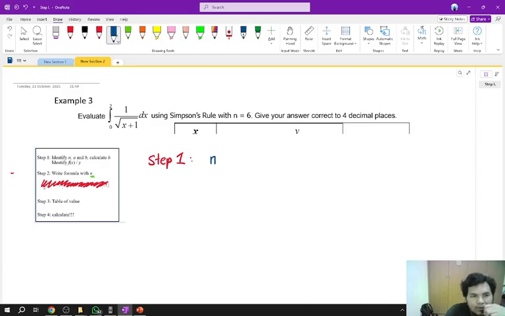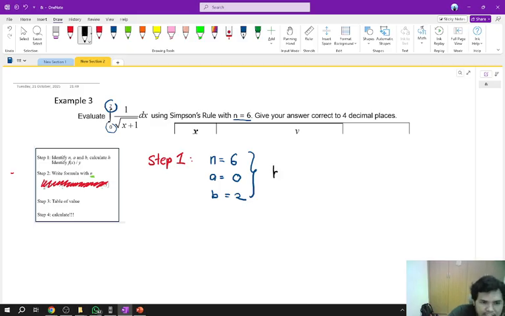So n is our interval, which is 6 in this integration. a is our lower limit, 0, and b is our upper limit, 2. And then from these 3 we can calculate the value of h. So h is given by b minus a, again divided by n. Just replace the values, 2 minus 0 over 6, and we have the answer 1 over 3. Alright, so we have done finding h.